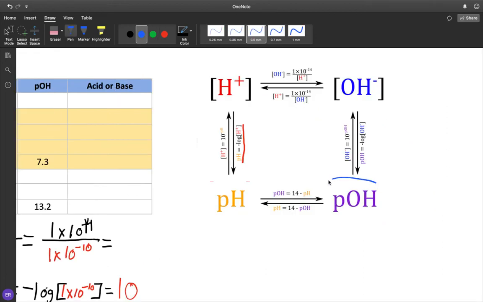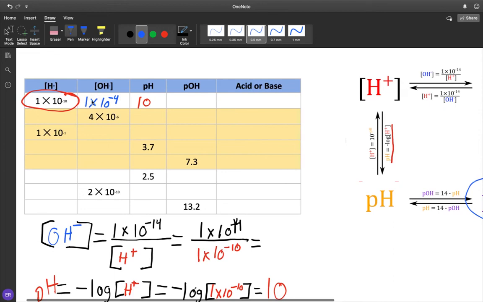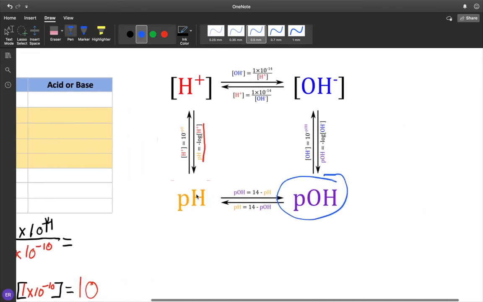Now we're looking for pOH. There are two ways to get this. We can either use the OH concentration, which we already found over here, or we can use the pH. The easiest path would be pH, but you can do either way.